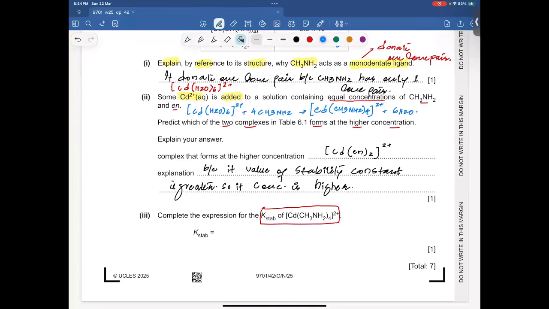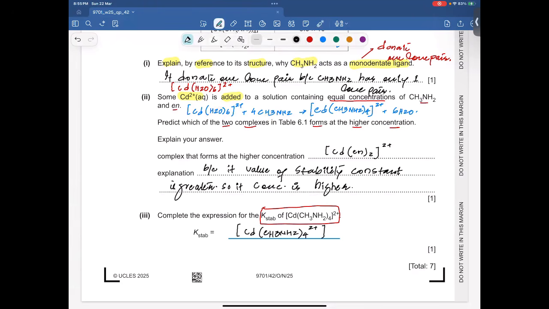So Kstab equals concentration of product, and the product is this complex. So this is going to be [Cd(CH3NH2)4] 2+. Charge has to be inside the bracket, so it's 2+ and then bracket close. Over concentration of reactants. So these are the reactants.